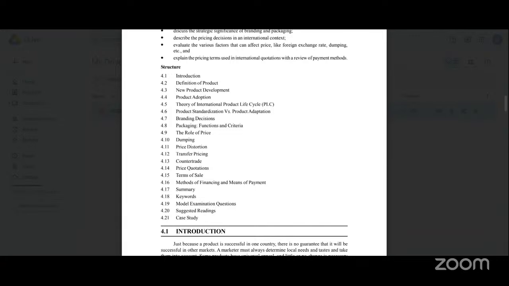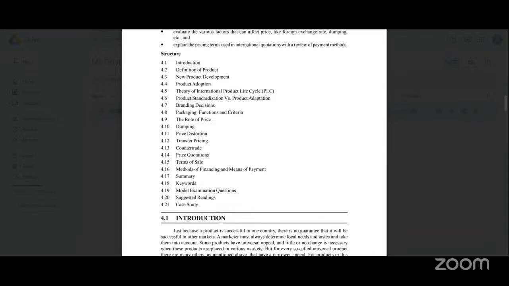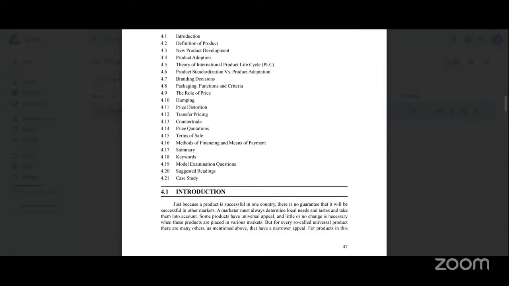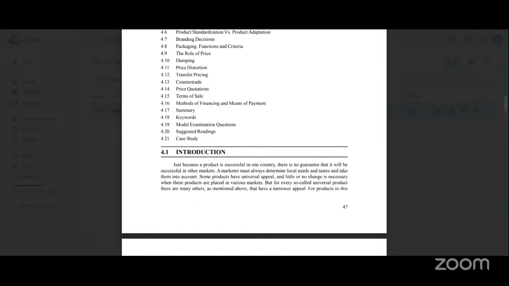This is a very interesting topic that we'll be covering along this whole session. Branding decisions, packaging, functions and criteria, the role of price, dumping, price distortion, transfer pricing, counter trade, price quotations, and so on and so forth. This is a very interesting topic. At the same time, it is very all encompassing.